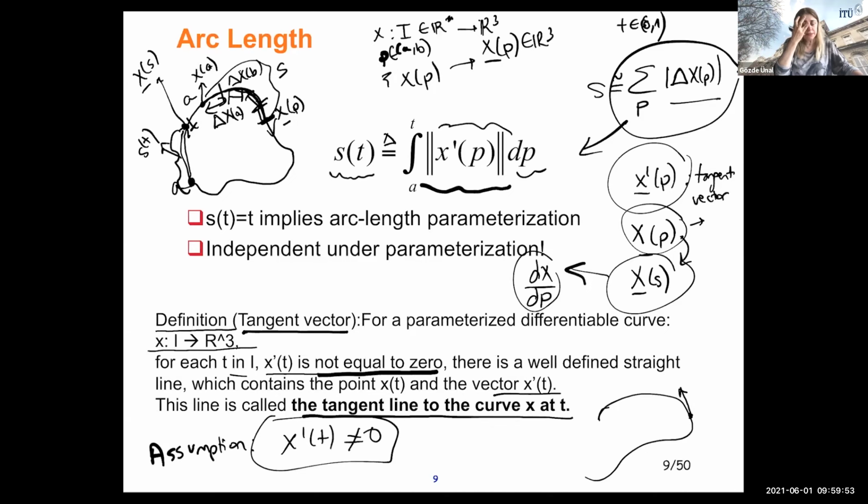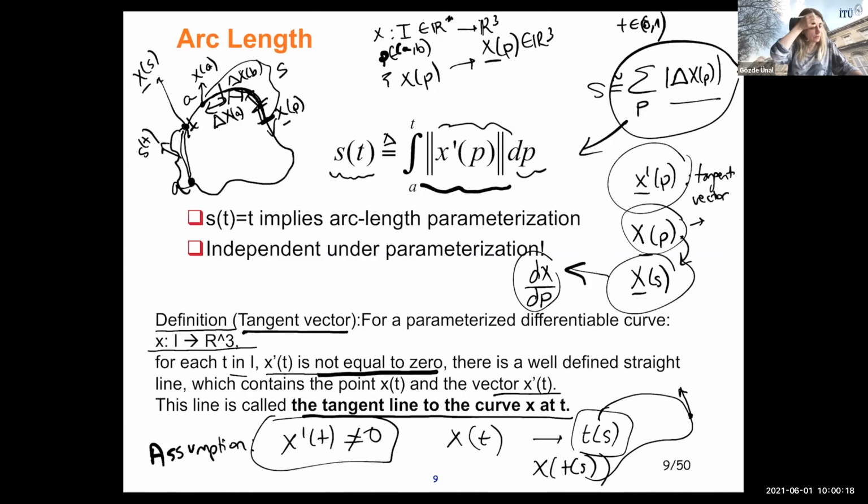By the way, guys, if I have a parameterization t of the curve, in some cases we could solve for t in terms of s, I could say t of s. Then we could really go to a parameterization in s.